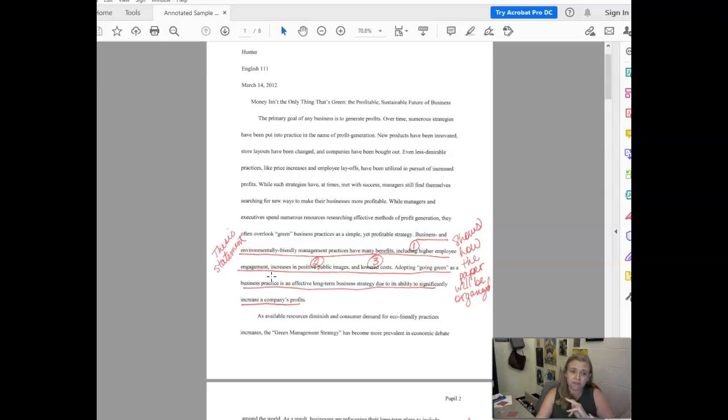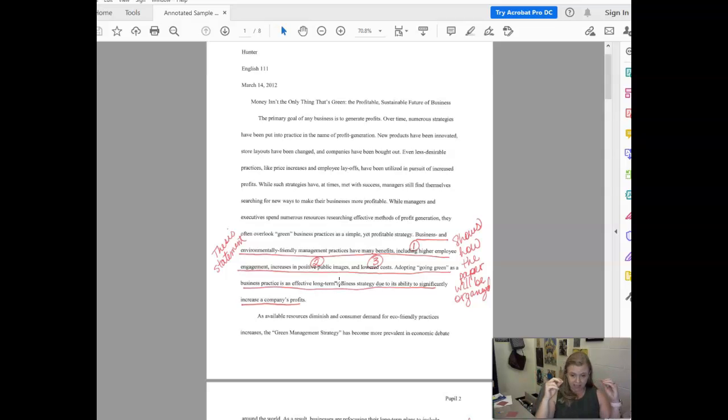Businesses' environmentally friendly management practices have benefits: 1, higher employee engagement; 2, positive images; and 3, lowered cost. Adopting going green as a business practice is an effective long-term business strategy. So the argument is, I know it didn't say it well, but the argument is going green is effective, basically, for business.